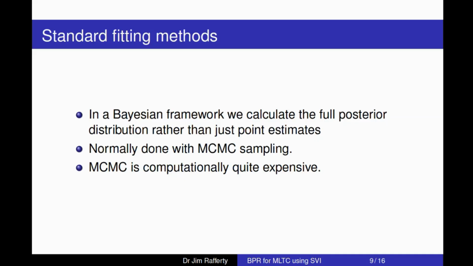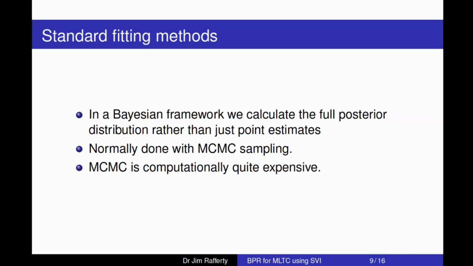The difficulty with MCMC samplers is that they're very computationally expensive. So if your model is a bit complicated, like this one is, or you have a particularly large data set, which is also the case for the application that I'm going to present to you, then fitting an MCMC sampler is going to be really intractable.